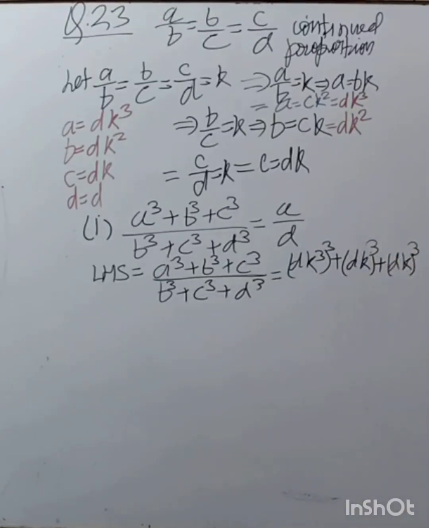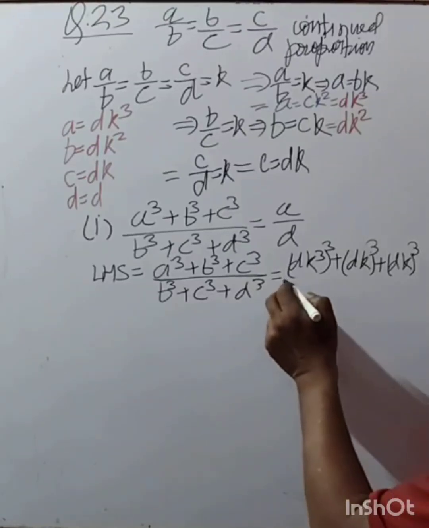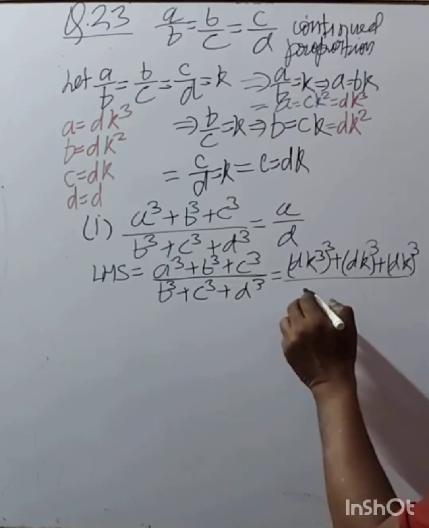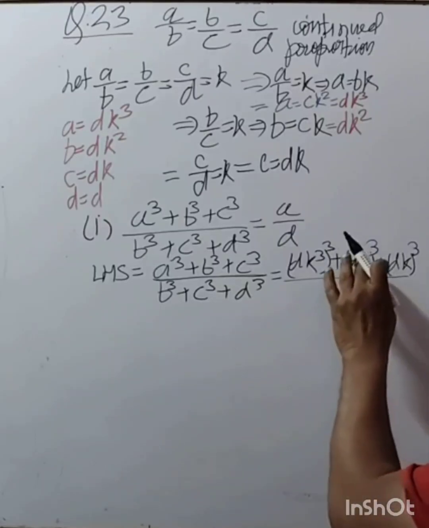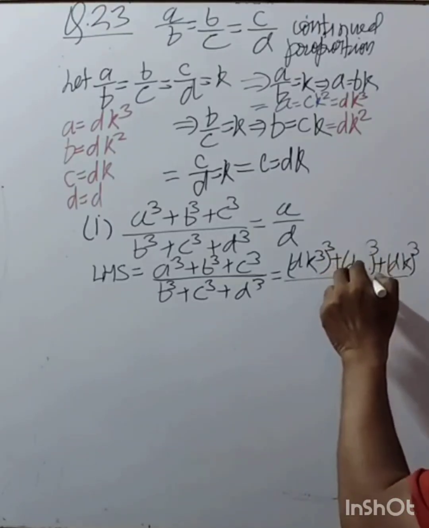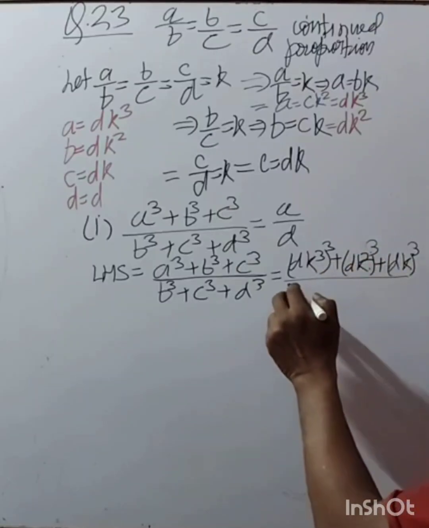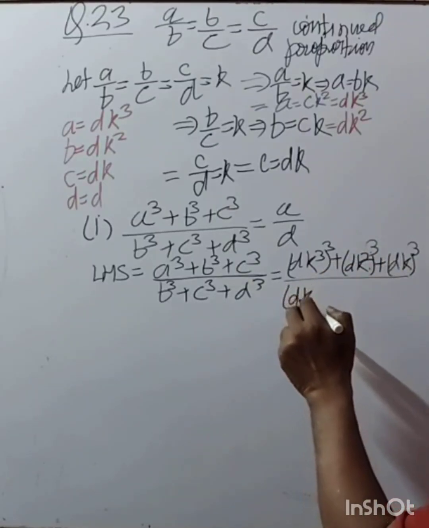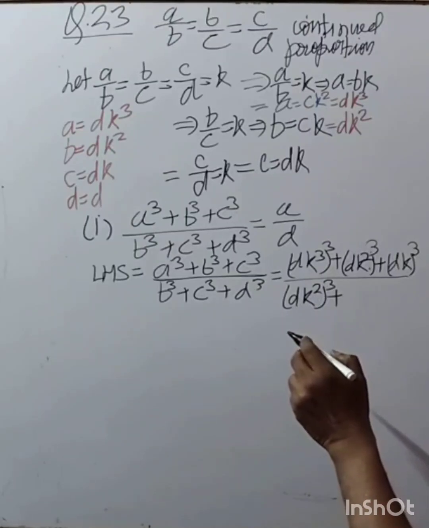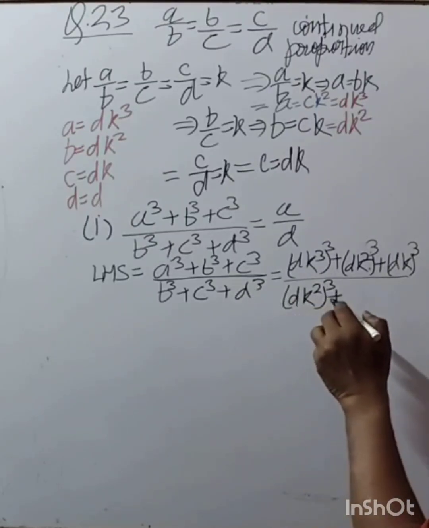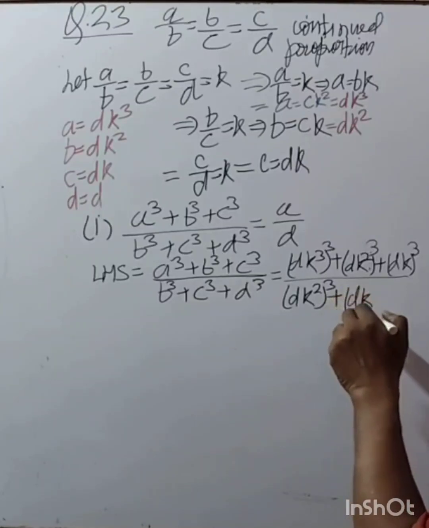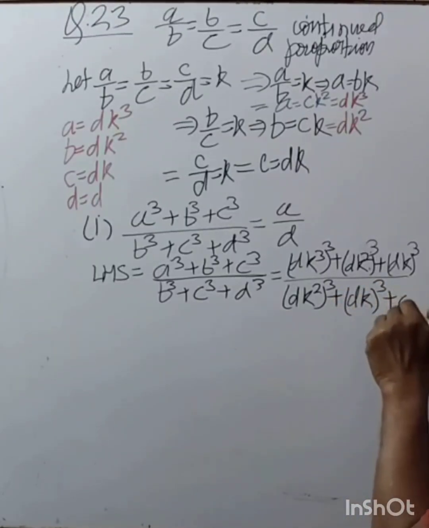Now B is equal to DK square, so this is DK square whole cube plus DK whole cube plus D cube.